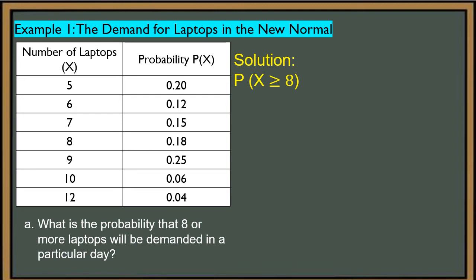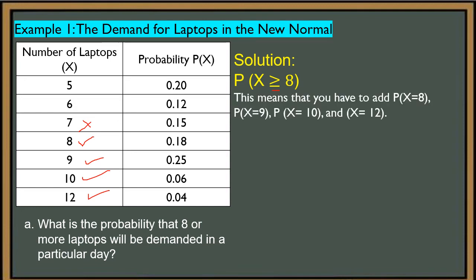So 8 can be included because it is equal to 8. We can have 9, because 9 is greater than 8, then 10, up to 12. We cannot have 7 because 7 is less than 8, so we cannot have 7, 6, and 5. So we will have 8, 9, 10, and 12. These are the values of the random variable.